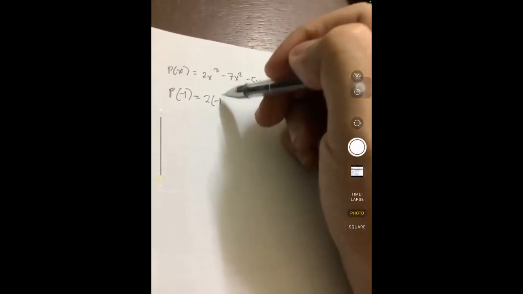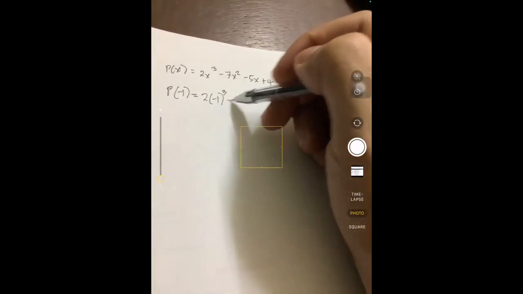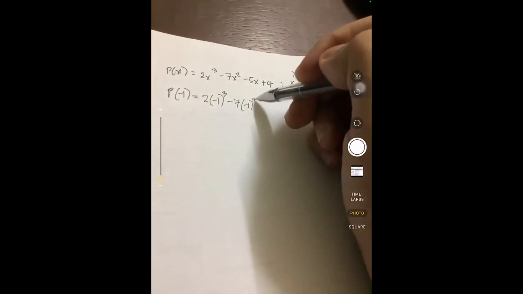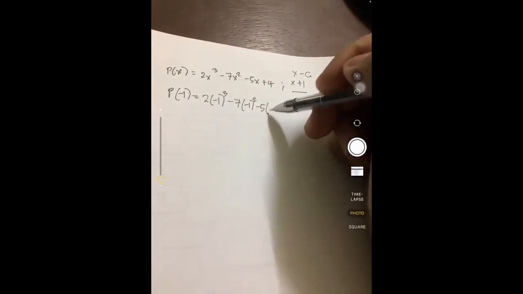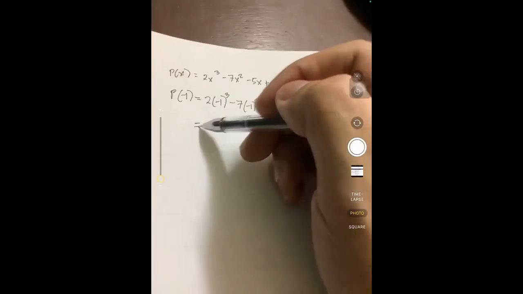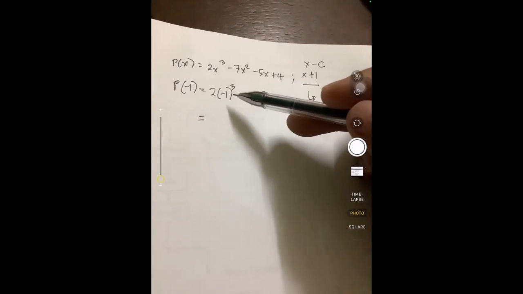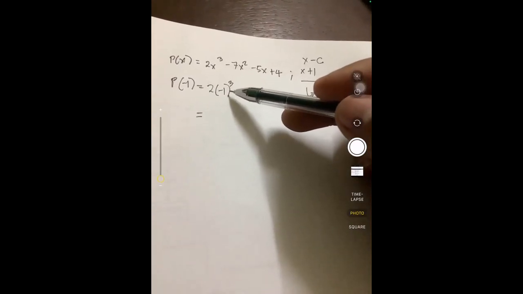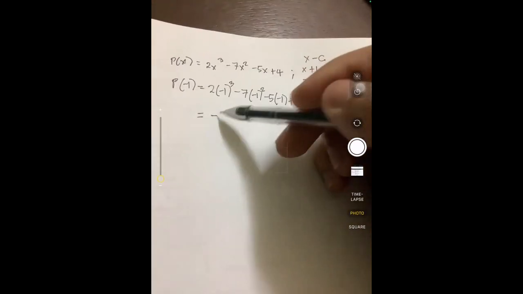So that is 2 times negative 1 cubed minus 7 times negative 1 squared minus 5 times negative 1 plus 4. So let's try to simplify. Negative 1 cubed is just negative 1 times 2, so you have negative 2.